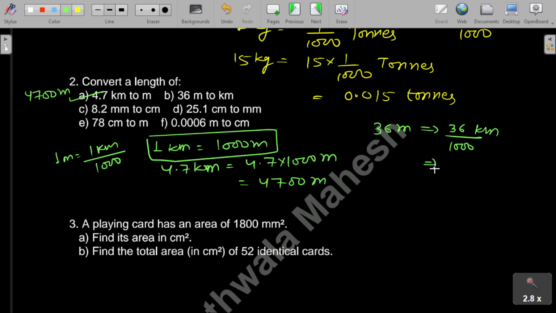Now C option. 8.2 millimeter to centimeter. We know that 1 centimeter equal to 10 millimeter.